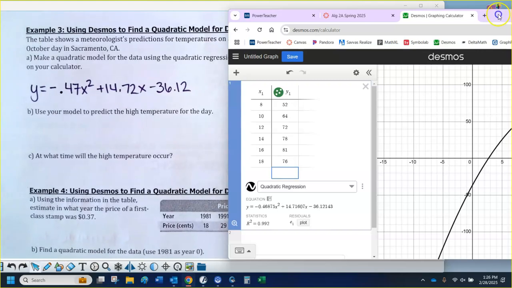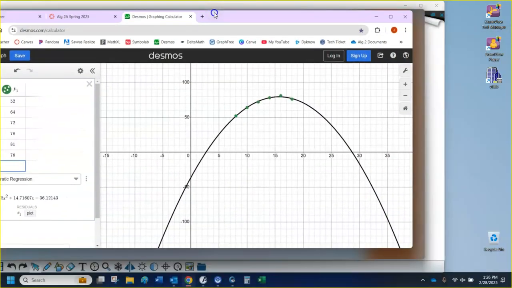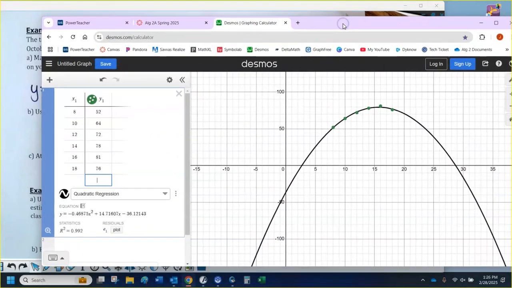If you have this on your calculator, I've got my quadratic regression, right? If you actually click on the parabola, like the little black line there, or curve, there should be a little gray point. It'll snap to show you the zeros, and it'll also snap to show you the actual vertex. So I'm just going to click on that real quick so I can hold it on the screen.